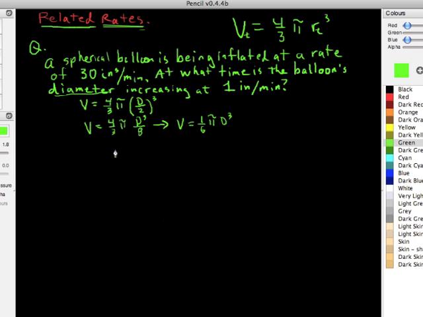Okay, so now let's rip this apart with some derivatives. We're going to take the derivative of everything with respect to time. So what do we have? We have dV/dt is equal to 1/6 pi times 2 times the diameter squared times dd/dt, the derivative of the diameter with respect to time.